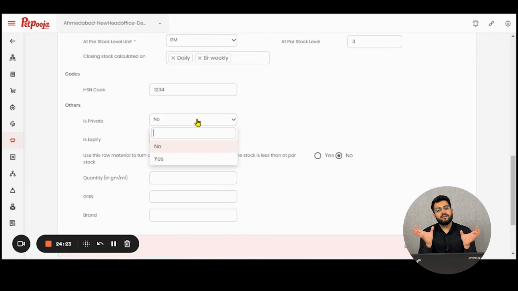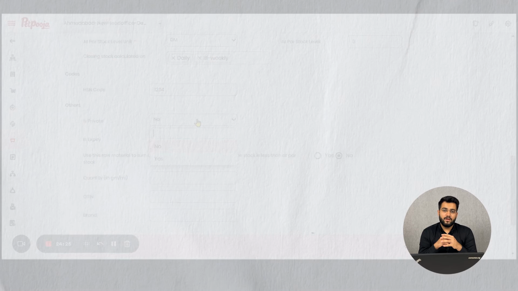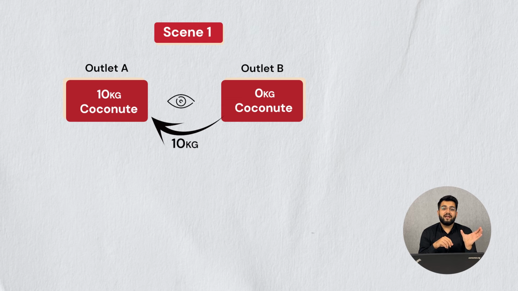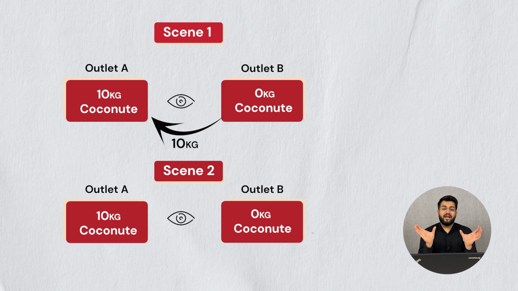An outlet B needs those coconuts, so we have a feature where outlet B can request a purchase from outlet A. Now outlet A does not want the other outlet to know that they already have coconut in stock. To enable this, outlet A can click on the yes option here. So while raising the request, outlet B will not be able to know that outlet A has coconuts present in its inventory.